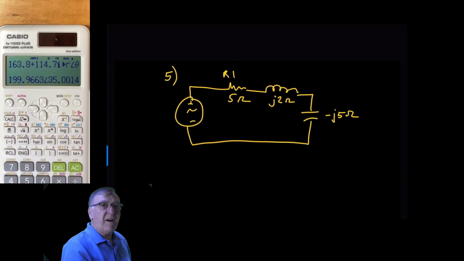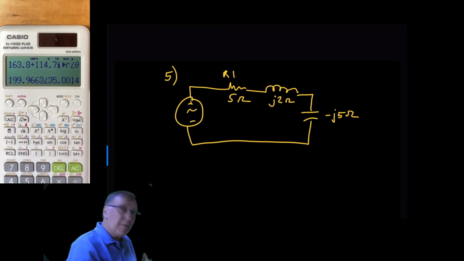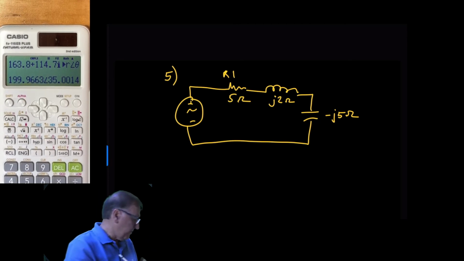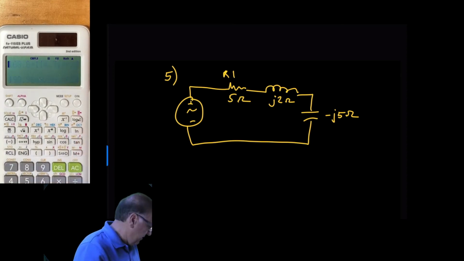So for question 5, they're looking for us to calculate the complex current for the circuit. And complex means it's got real and imaginary parts, right? And for full credit, they want us to express the current in the polar form. So what we'll do here, we have this circuit.